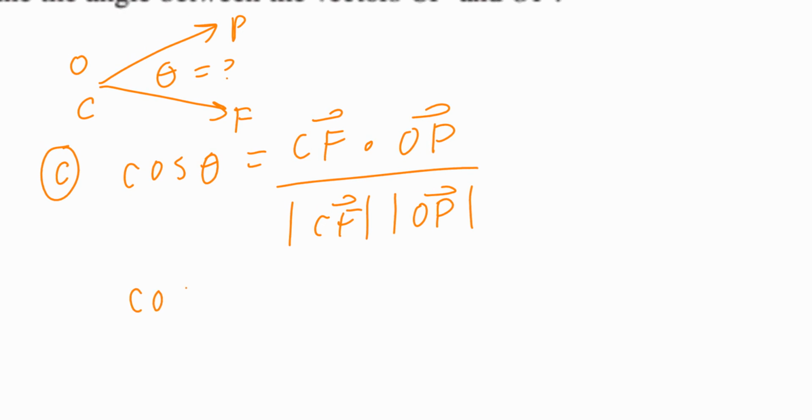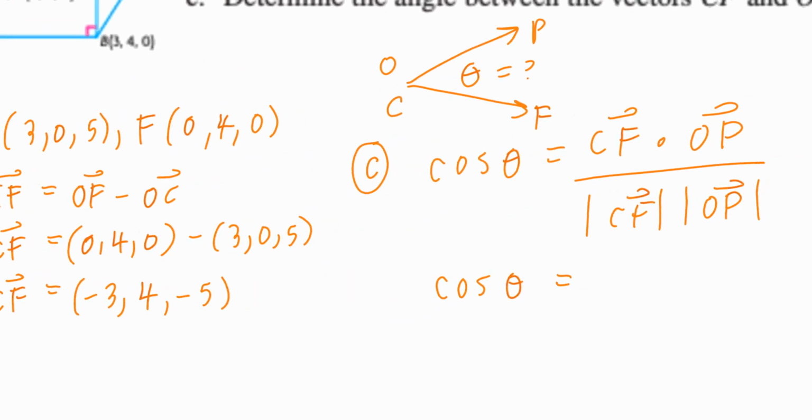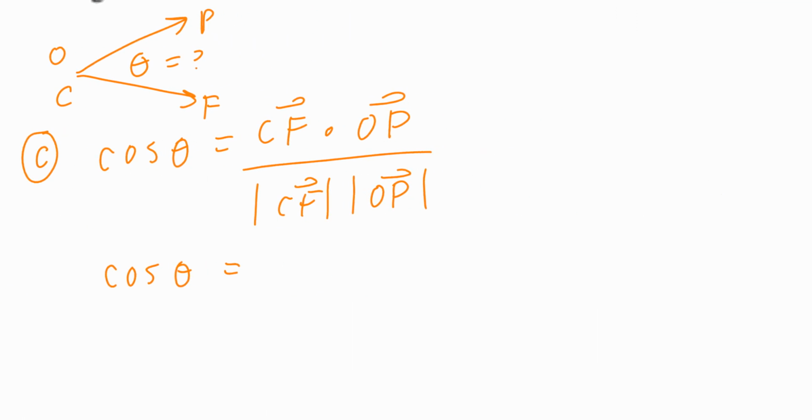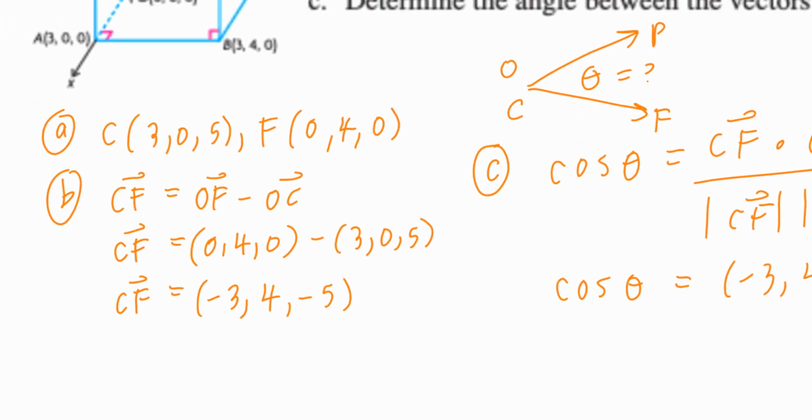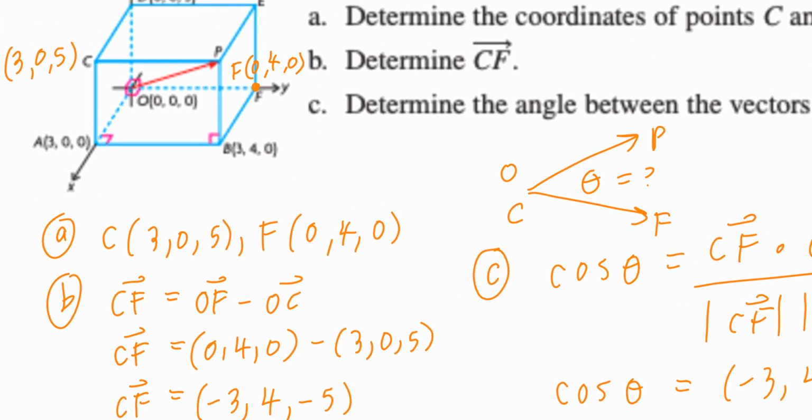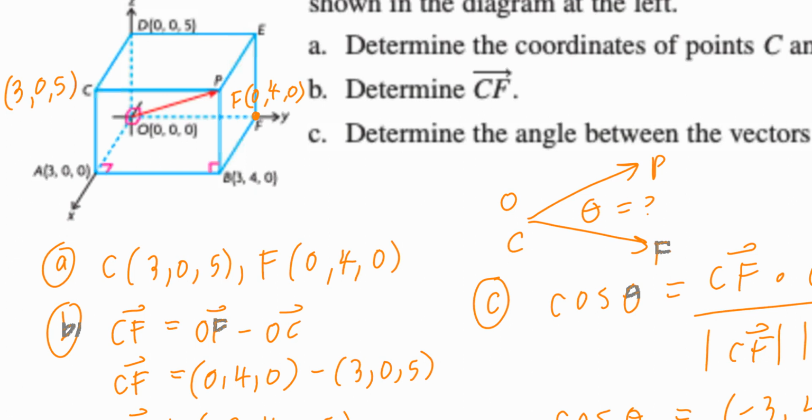So in this case, from part B, we found vector CF equals negative 3, 4, negative 5. Now, from the given, if you think about vector OP, back to the diagram, the point P is going to be, you move on the x-axis 3 times.